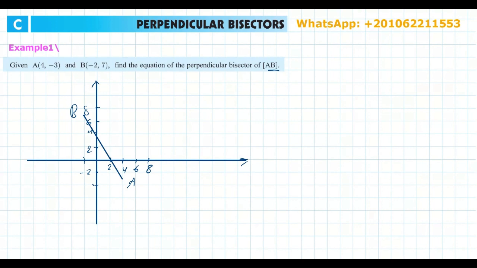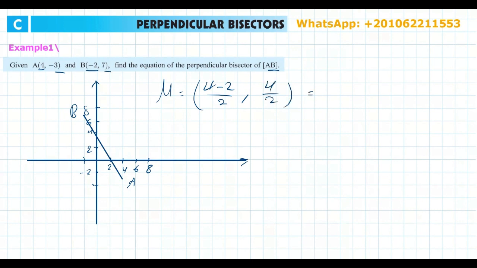Now we need to find the midpoint, first of all. The midpoint is given by the rule x1 plus x2 divided by 2. Then x1 equals 4 plus x2 equals -2, divided by 2. What about the y coordinate? Then -3 and 7 becomes 4 over 2.